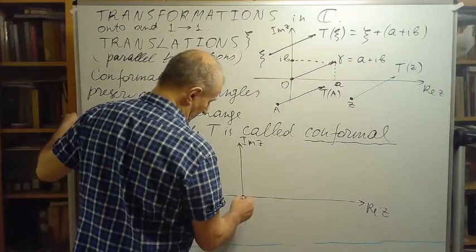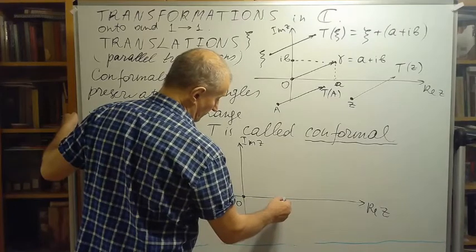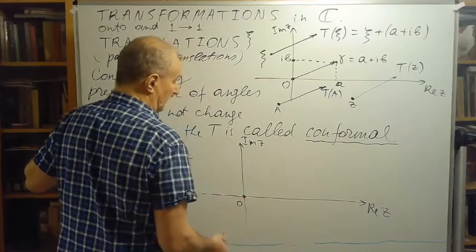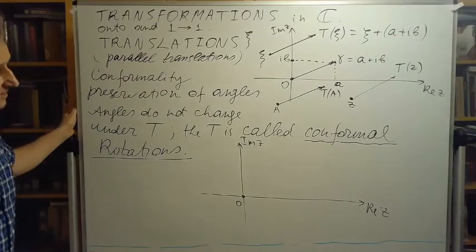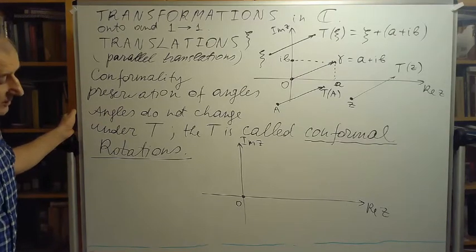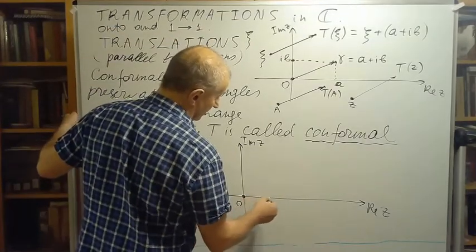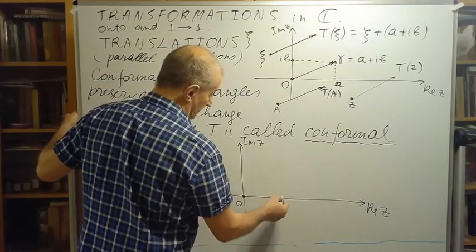So every point will move into a point standing at the same distance from the origin, but obtained through rotating the vector connecting the origin with this point about a certain angle.